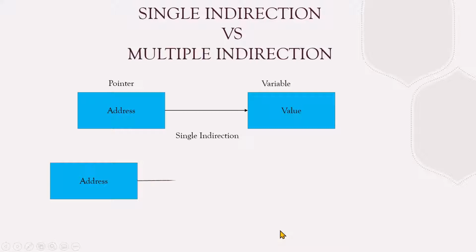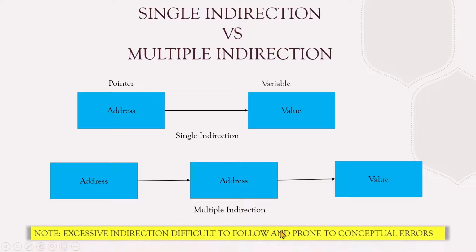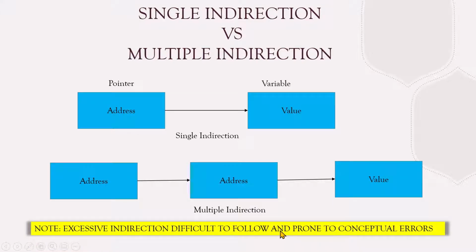So we could have address and another address and then the variable, right? And that's multiple indirection. But having said that, excessive indirection is difficult to follow and is prone to conceptual errors. Of course, we'll be talking more about indirection, especially when we talk about linked lists and binary trees.